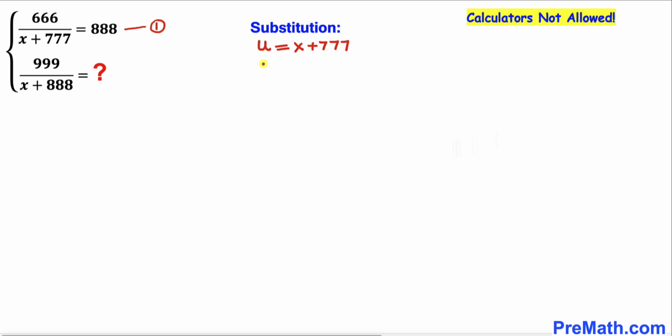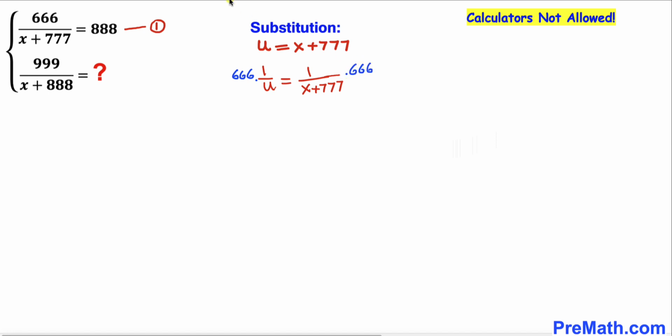Now let's go ahead and flip both of these sides over. So this could be written as 1 divided by u equals 1 divided by x plus 777. Let me go ahead and multiply both sides by 666.